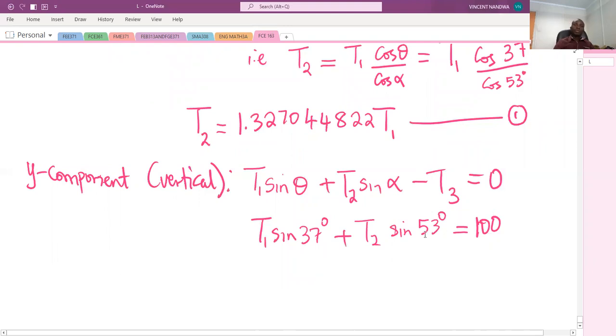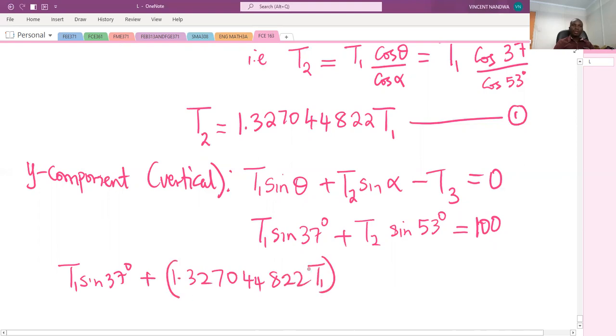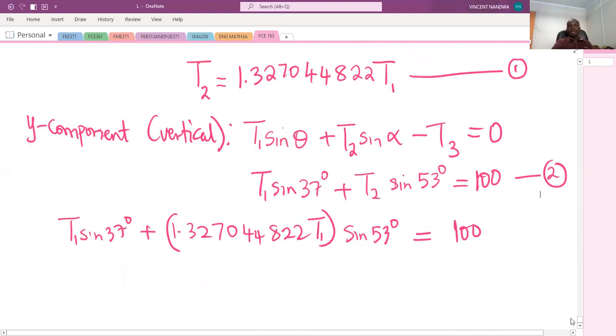Now using equation 1 in equation 2, where there's T2 we replace by this, we'll have T1 sine of 37 degrees plus, where there's T2 we put 1.327044822 T1, multiplied by sine of 53 degrees, should give us 100. Actually call this one equation 2. So I'll replace 1 in 2.